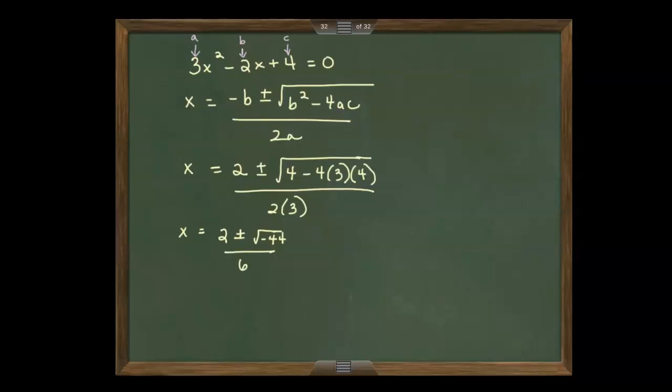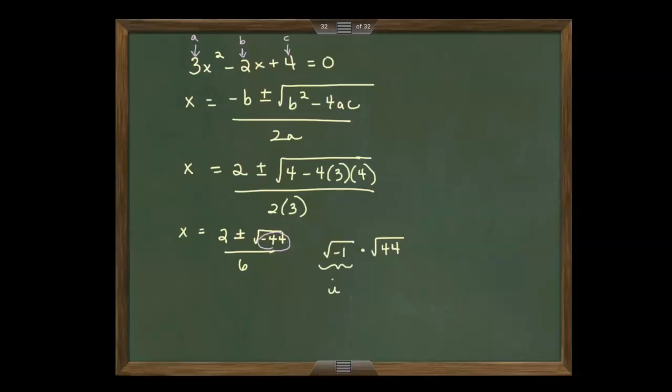over 6. And here's where these imaginary units come in, because we can't take the square root of a negative and be in the real number system. So we need to simplify the square root of negative 44. To do that, we pull our i out by viewing this as the square root of negative 1 times the square root of 44.